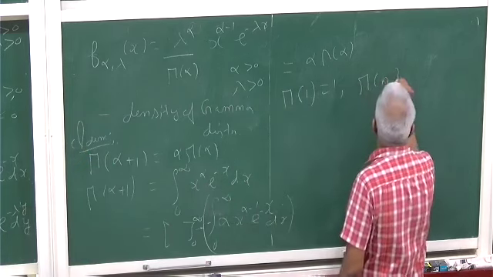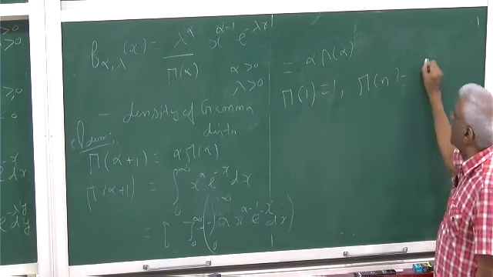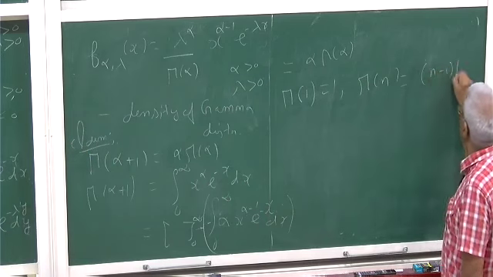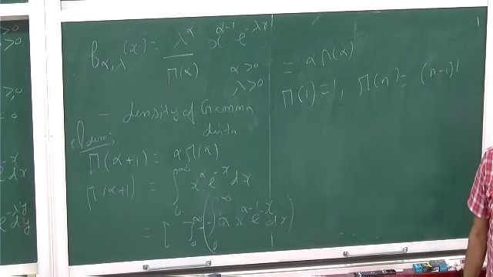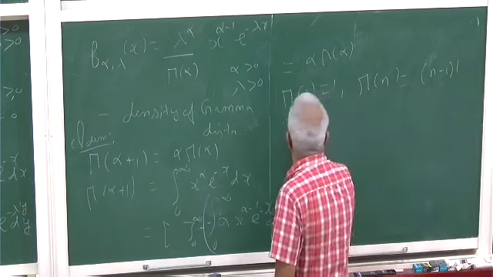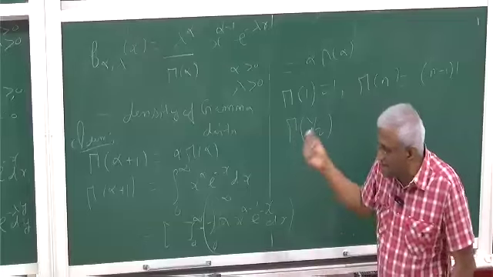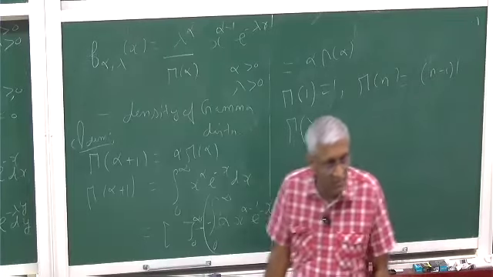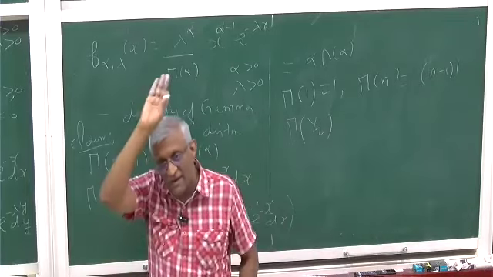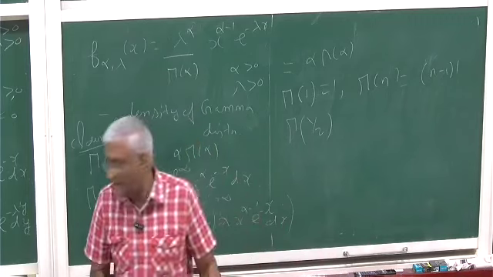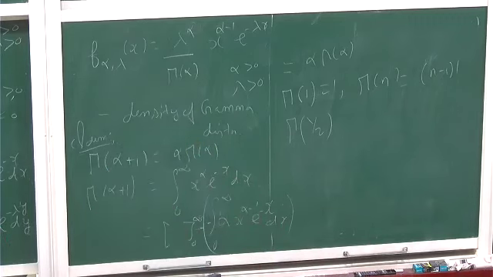So gamma of n will be n minus 1 factorial. And gamma of half. Let's not work it out, because it comes through the normal e power minus x square integration. But here you have this.